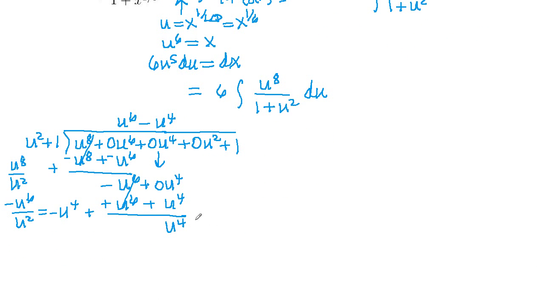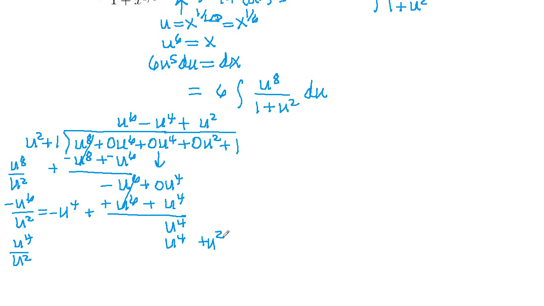And now we divide leading coefficients again. u to the 4th divided by u squared is u squared. u squared times u squared, u to the 4th; u squared times 1, u squared.